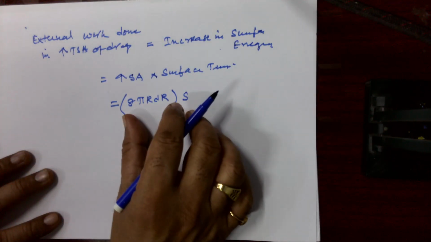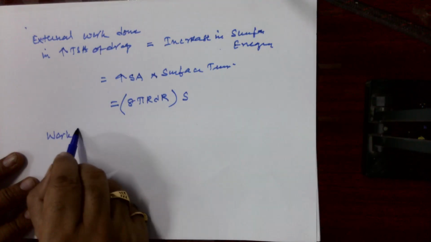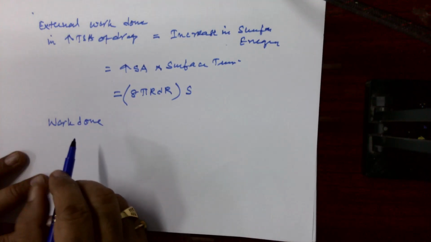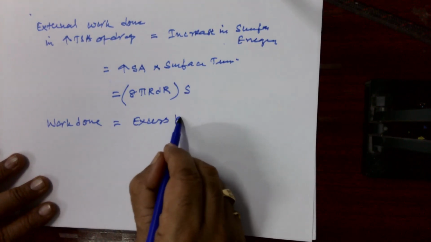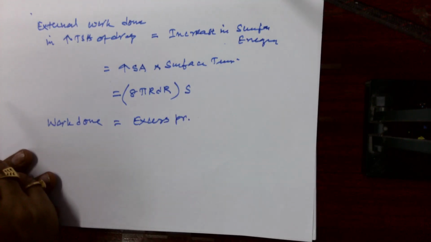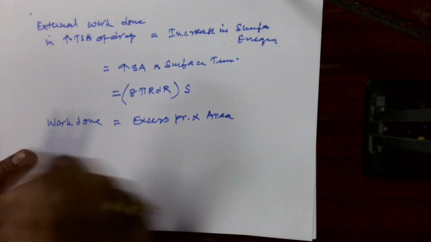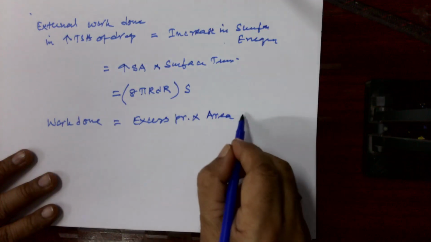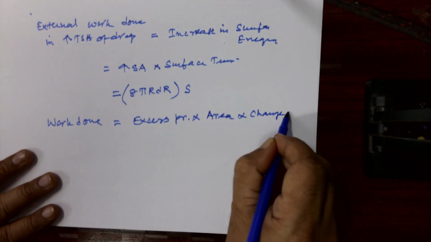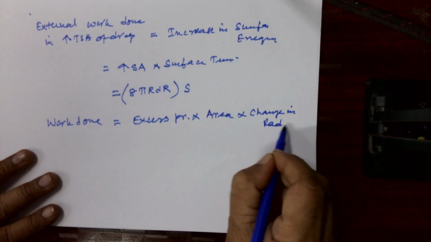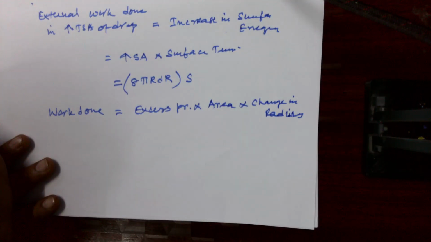Okay. So it means work done is equal to the excess pressure into area into change in radius. Are you able to follow?